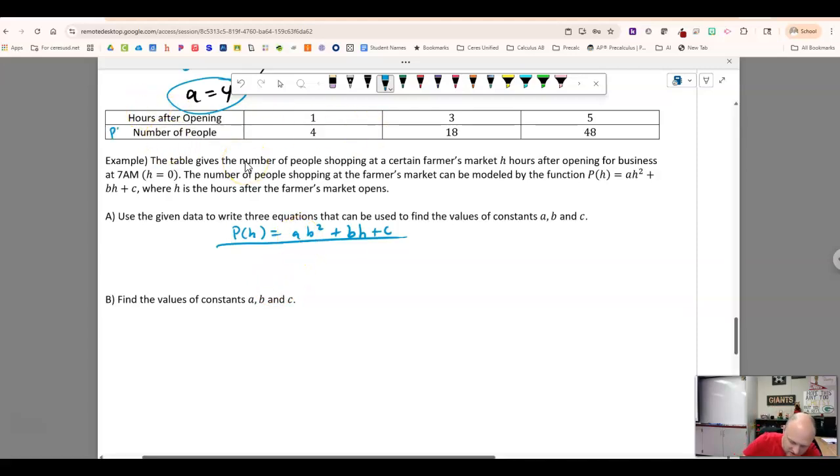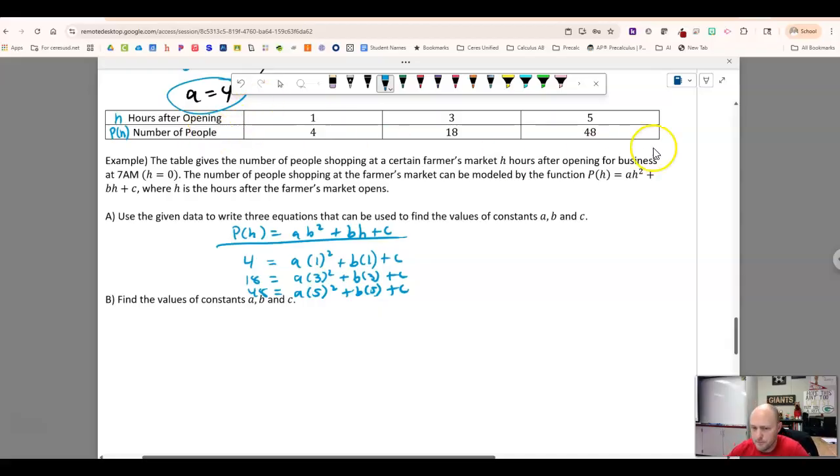Usually they do tell you in the table that this is P of H and here's H. So 4 is equal to A times 1 squared plus B times 1 plus C. And I have 18 is equal to A times 3 squared plus B times 3 plus C. And 48 is equal to A times 5 squared plus B times 5 plus C. So there are my equations. I just replaced the number of people and the H value, I plugged that in, okay?